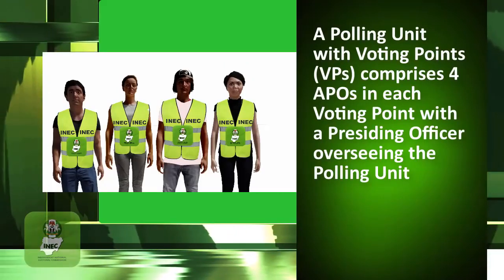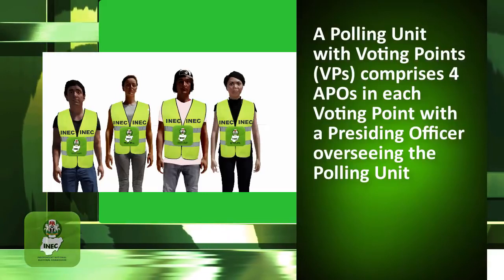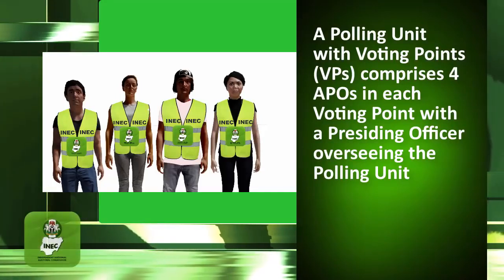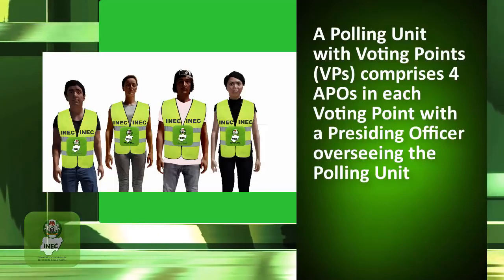A polling unit with voting points (VPs) comprises 4 APOs in each voting point, with a presiding officer overseeing the polling unit.